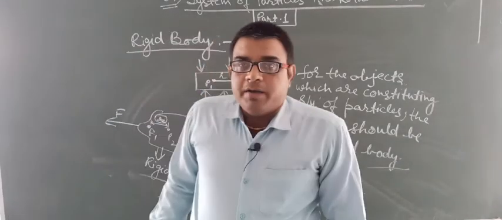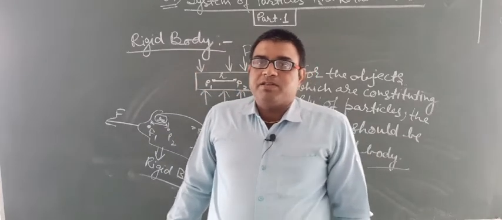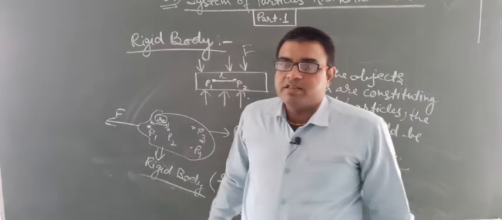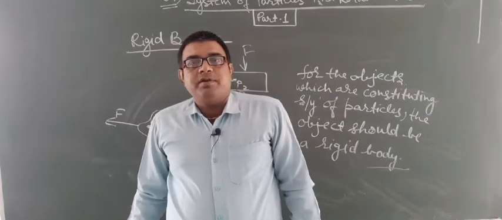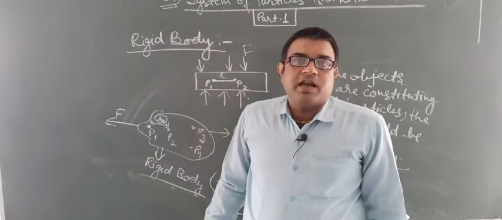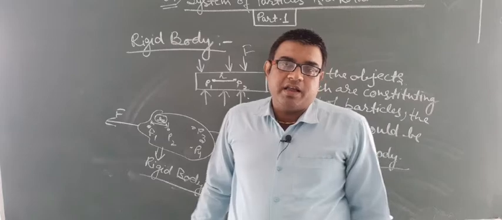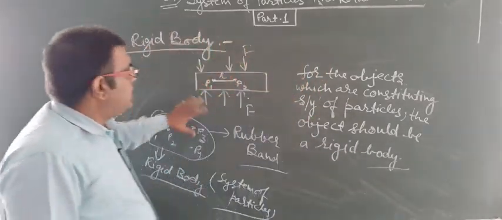So for a body to act as a system of particles, it is compulsory that it should be a rigid body. It should not be a flexible body, or the separation between its different constituent particles cannot vary in any condition. So this is about the system of particles and rigid body.